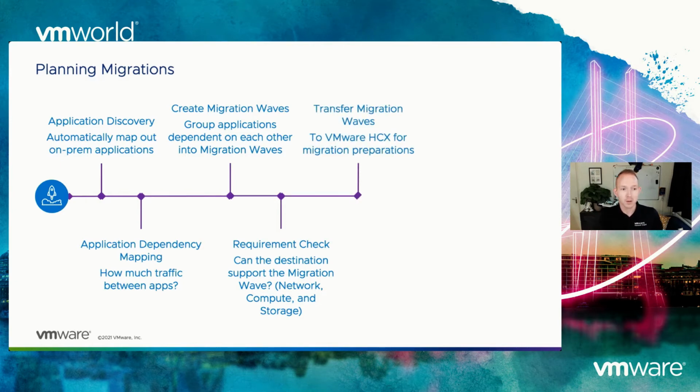And then the next step is to transfer those migration waves to VMware ACX. So I've already explained a little bit about VMware ACX, that it facilitates those migrations, and it has something called a mobility group, which is basically a group of VMs that it migrates at one go. So in this context, the mobility group is the migration wave because you migrate them all at once.